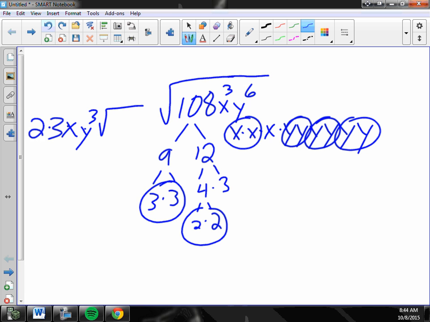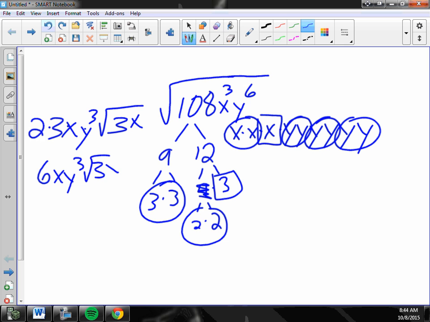And then the square root of what's left. So I have a 3 left over, and I have an x left over. The 4 doesn't count because it factored. So 6x y to the third root 3x. Okay?